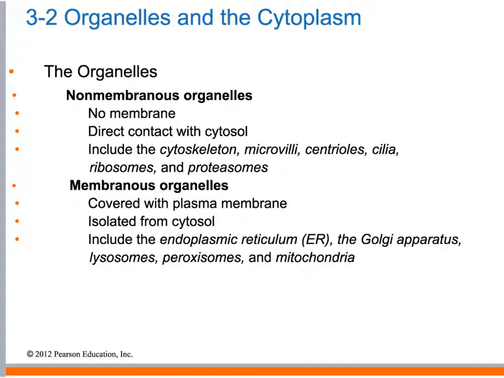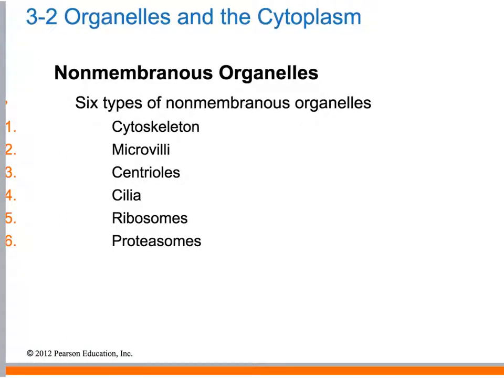They include the ER, the endoplasmic reticulum, the Golgi apparatus, the lysosomes, the peroxisomes, and the mitochondria. We are now going to talk about the non-membranous organelles. The 6 non-membranous organelles include cytoskeleton, microvilli, centrioles, cilia, ribosomes, and proteasomes.